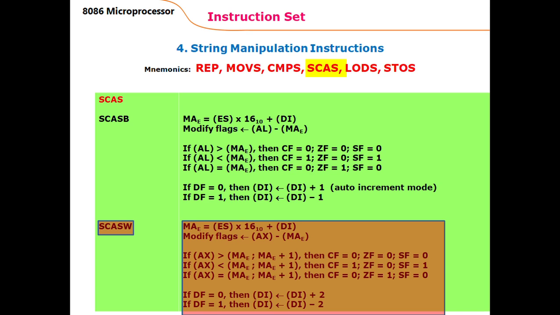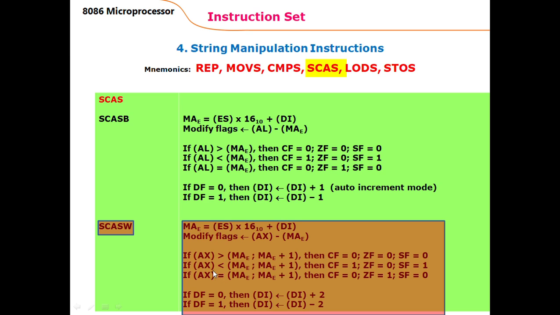The 2 bytes at that physical address, which is represented with MAE, and at the next higher location are subtracted. This 16-bit value is subtracted from the accumulator AX, and this calculation modifies 3 flags.